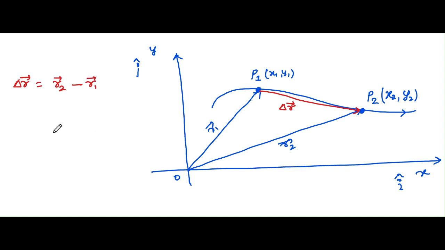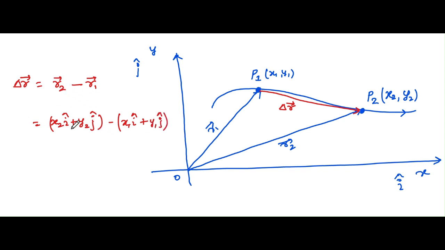And now r2 vector can be written in its components, which is x2 i cap plus y2 j cap, and r1 can be written as x1 i cap plus y1 j cap.